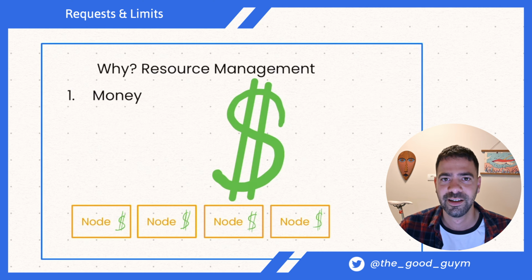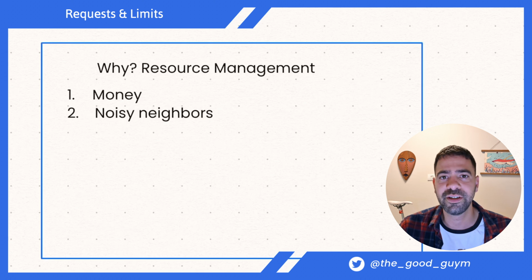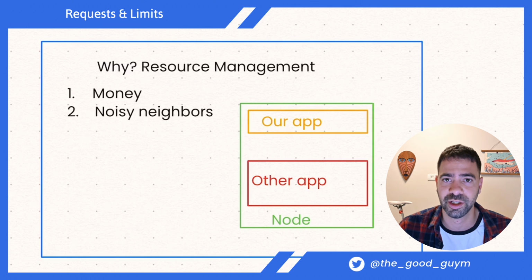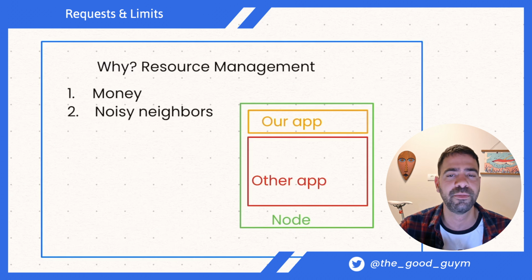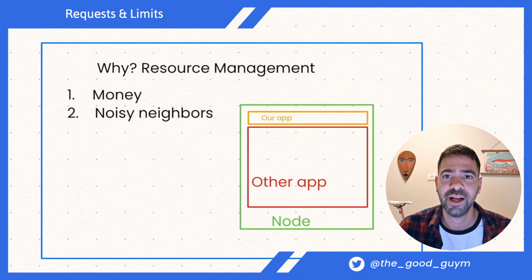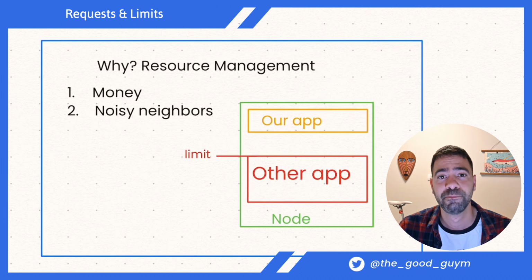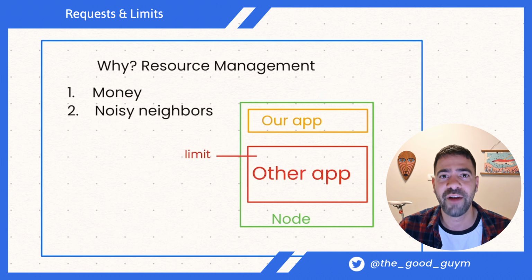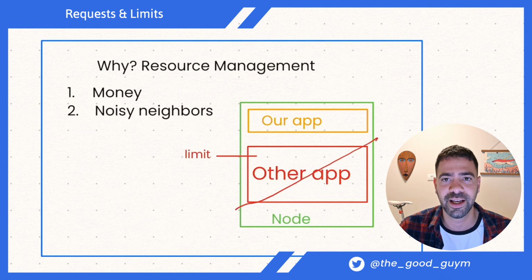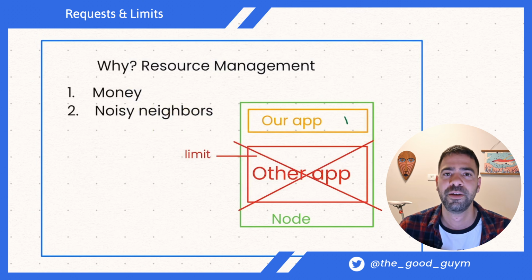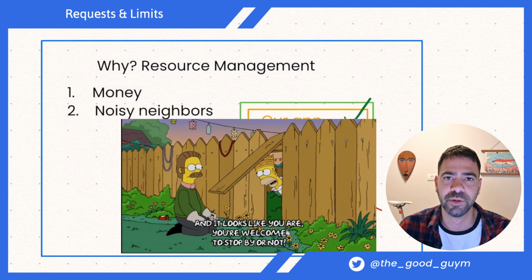The second thing is about noisy neighbors and the availability of our application. We want to make sure that if one service goes crazy and consumes a lot of memory and CPU, it will not impact the other applications running within the cluster. So we contain the risk of having one application go crazy and disrupt other pods or applications within the cluster. We call it the noisy neighbor.